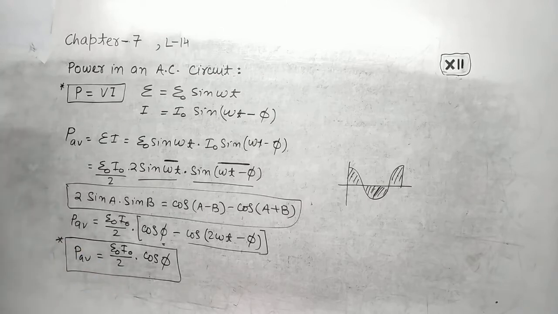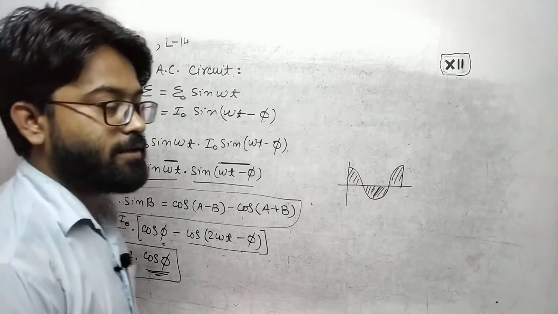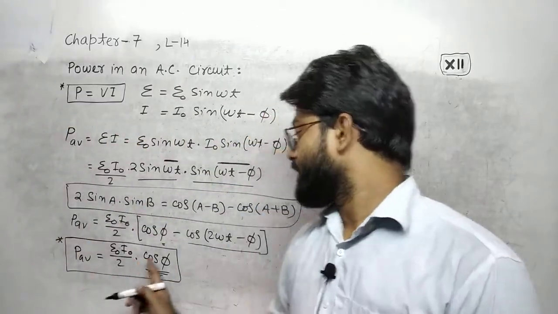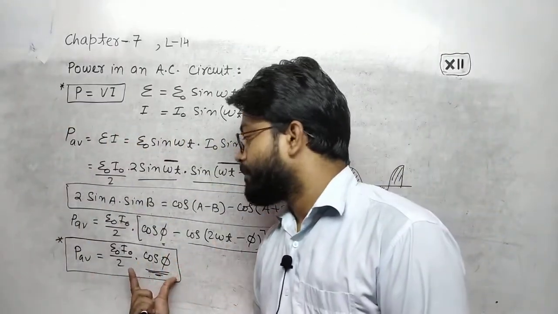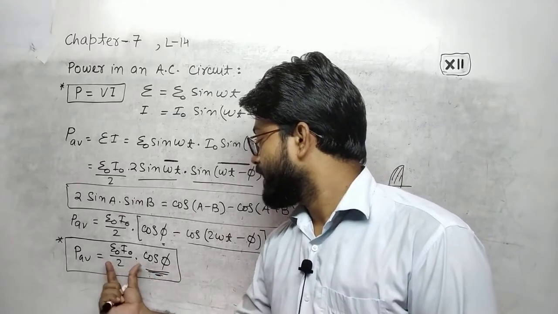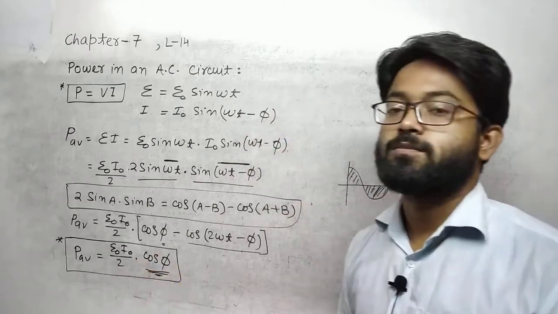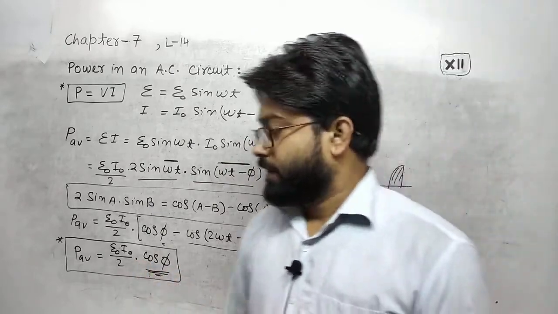Here it is cos phi, because the power depends on the initial phase angle. That means this term cos phi is known as the power factor, because it is the coefficient of power.